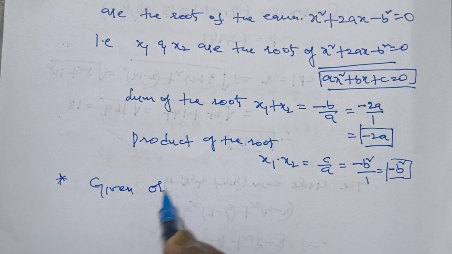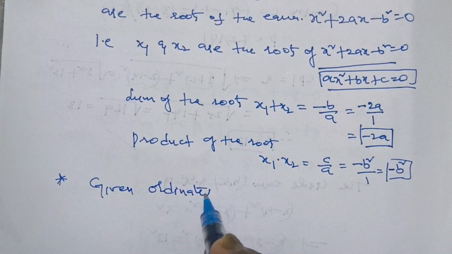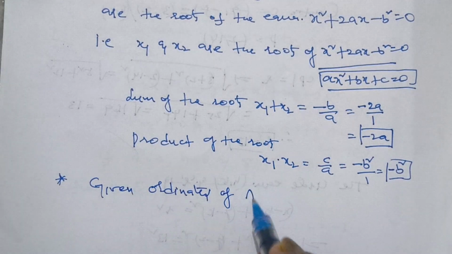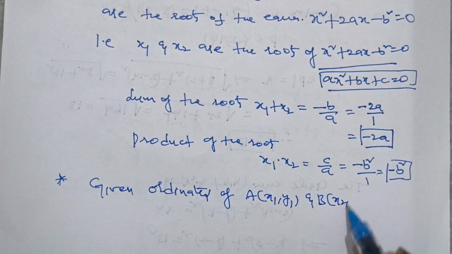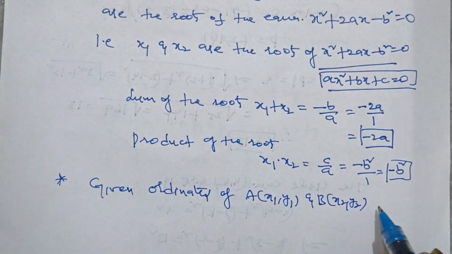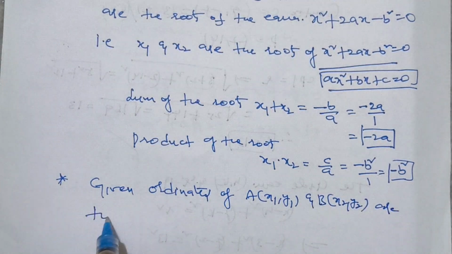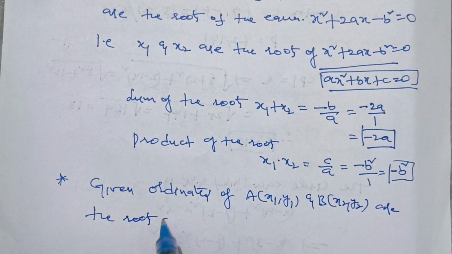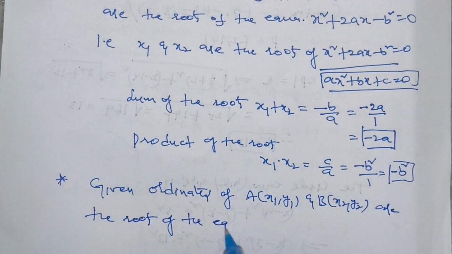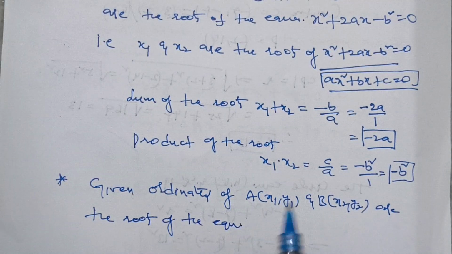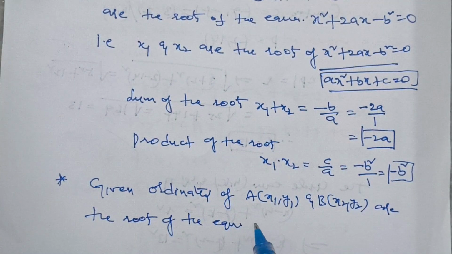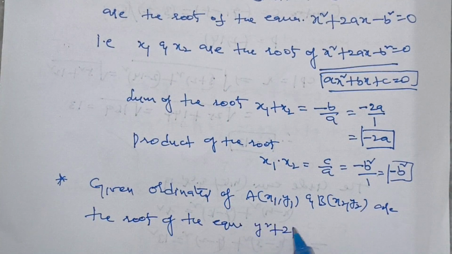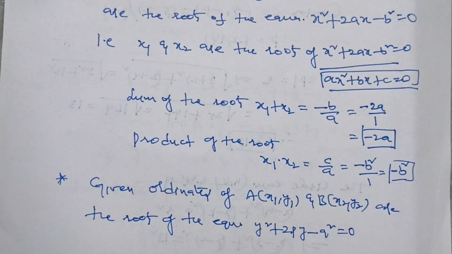Given ordinates of A (x1, y1) and B (x2, y2) are the roots of the equation. What is the equation given here? That is y square plus 2py minus q square equals 0.